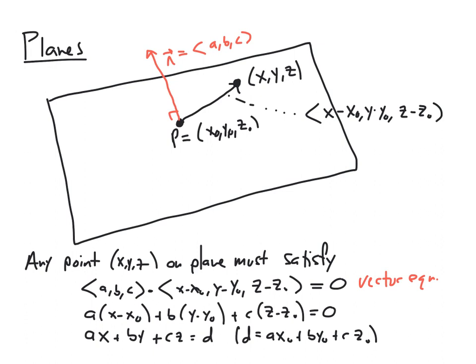And these last two are referred to often as scalar equations. Right? And in particular, these are also known as the linear equations of a plane. For also obvious reasons, both of these equations are linear in x, y, and z.